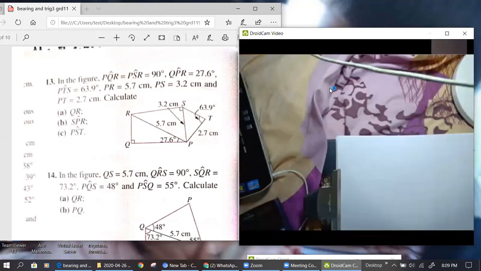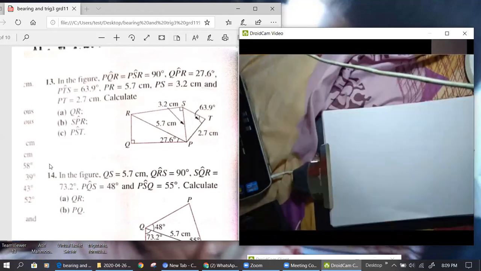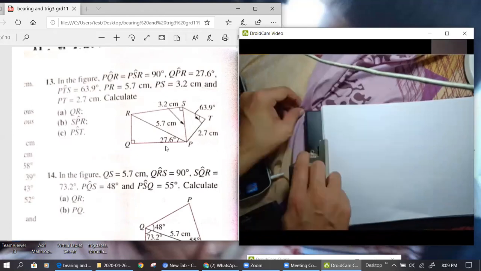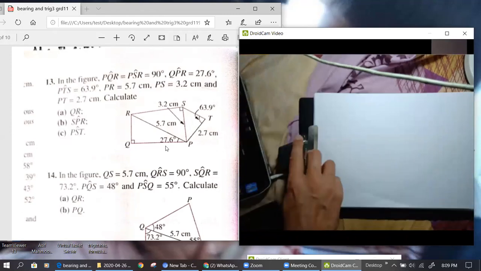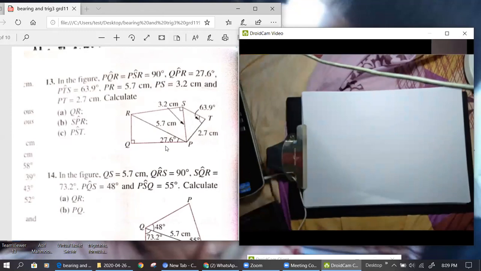PQ is basically in this figure. This is PQ. So how will you calculate PQ? It's very easy, I think. Question number 13.